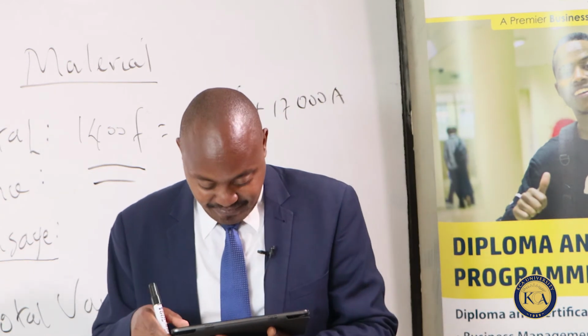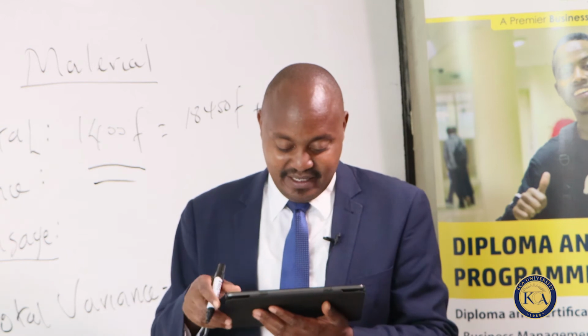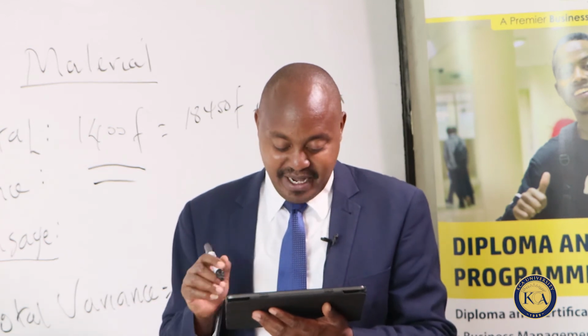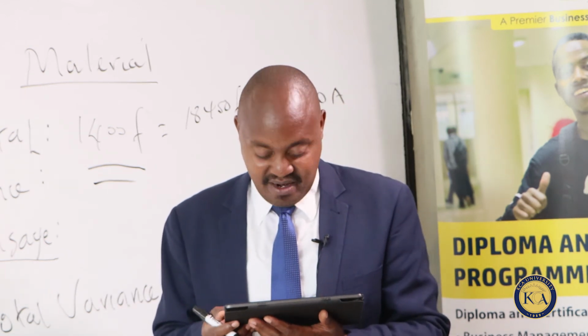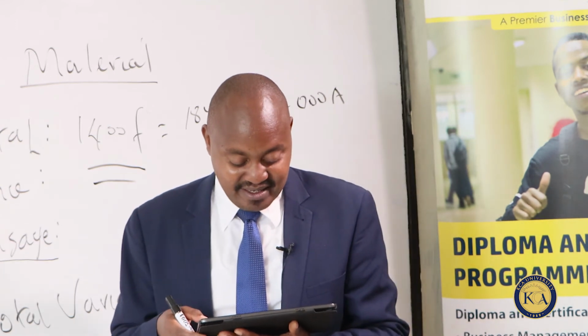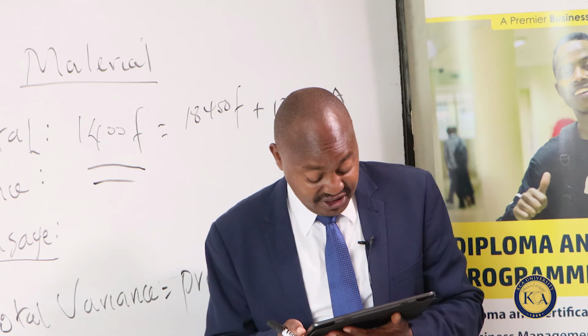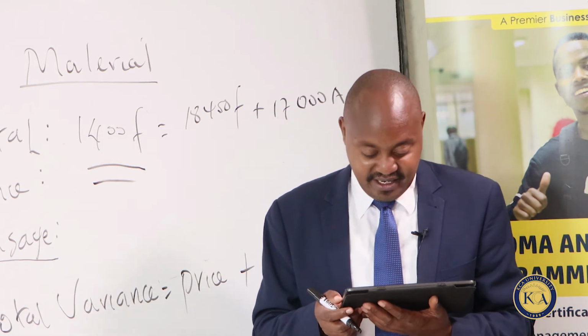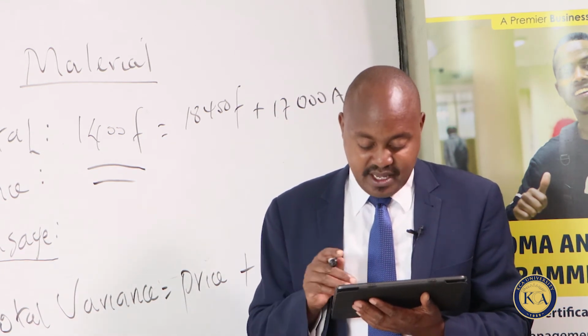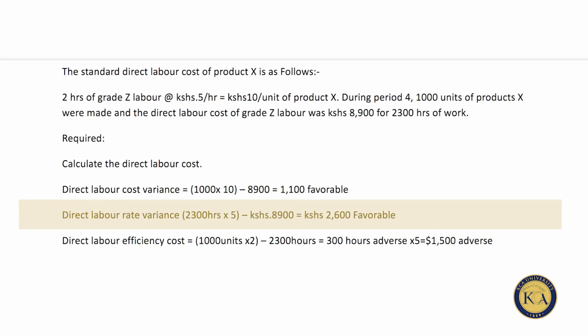What that means is we have used more hours of labor by 300 hours, and that means we are not efficient, and our efficiency variance will be adverse. So we have 300 adverse hours, which we multiply by 5 shillings per hour, and that gives us 1,500 shillings adverse.